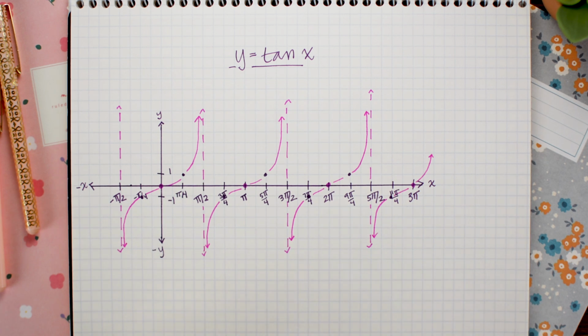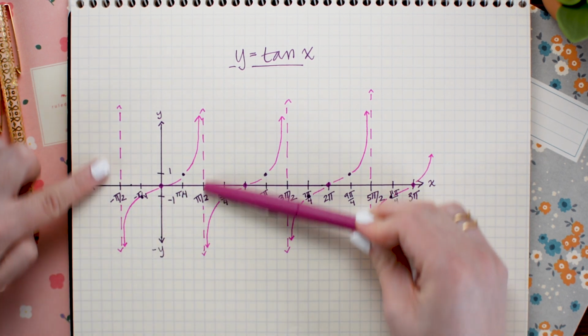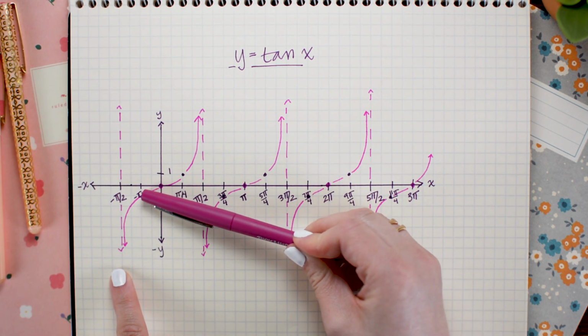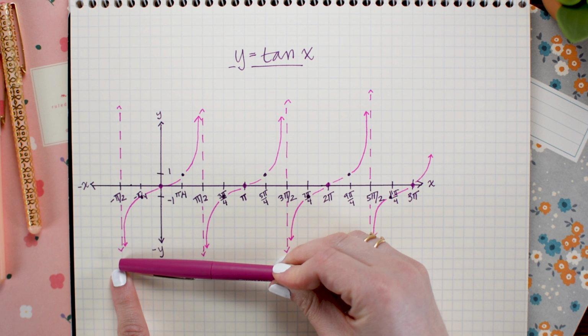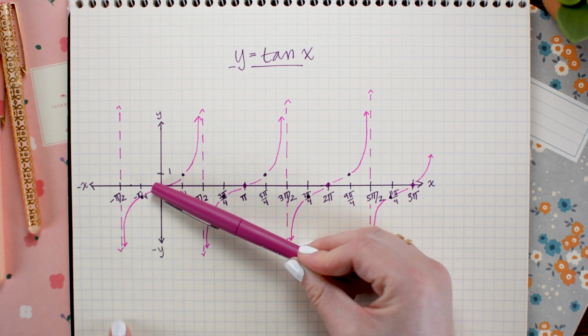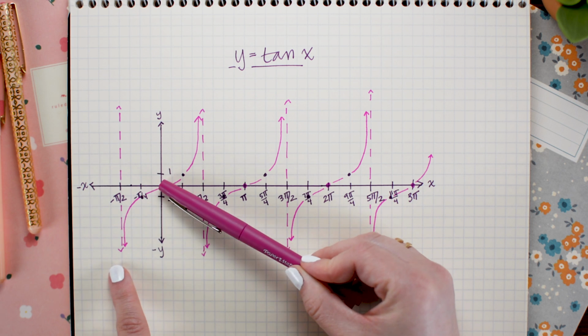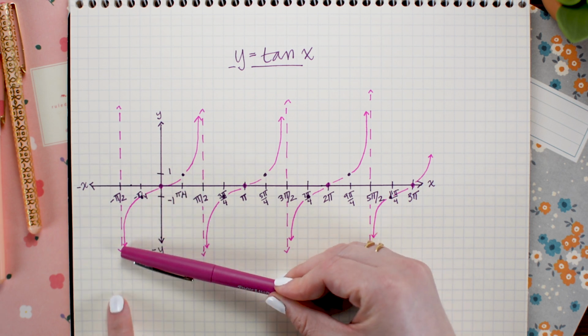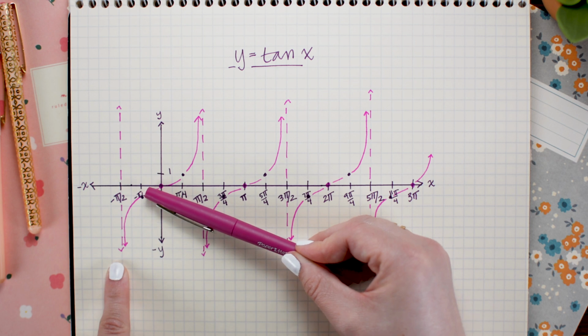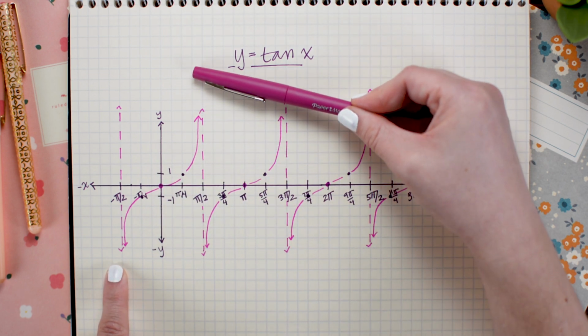So the 3 points that we included are going to sort of anchor your graph, and then these asymptotes are going to guide it. So just see how this curve goes closer and closer to the line as we go down, and it would continue like that forever. So even though it looks like it's going to cross it, it's just going to get infinitely closer and closer to it. The same thing is going to happen on the right, but it's going to be going up. So here I'm going to go up.